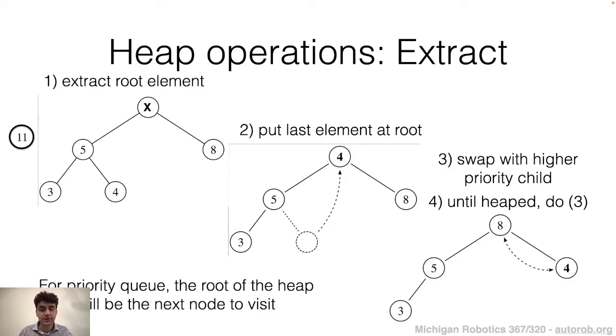In this particular case, we placed the element with value 4 at the root, and then we check and realize that element 4 is less than its child with value 8. So we swap those two, and can then check and see that the heap condition, in this case the max heap condition, is satisfied. So we would be done. And that's the process for extraction.